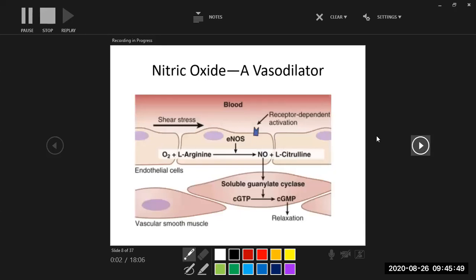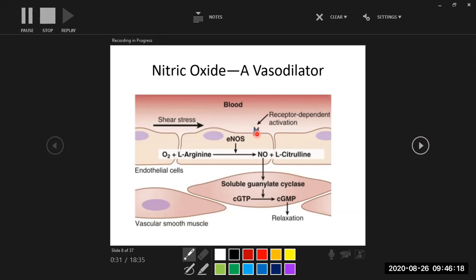So here is a typical drawing of the relationship of the endothelium cell and the smooth muscle. The endothelium cell is in the very inner portion of the blood vessel. This is the blood, and when the blood flow increases, that will act on the endothelium cell.